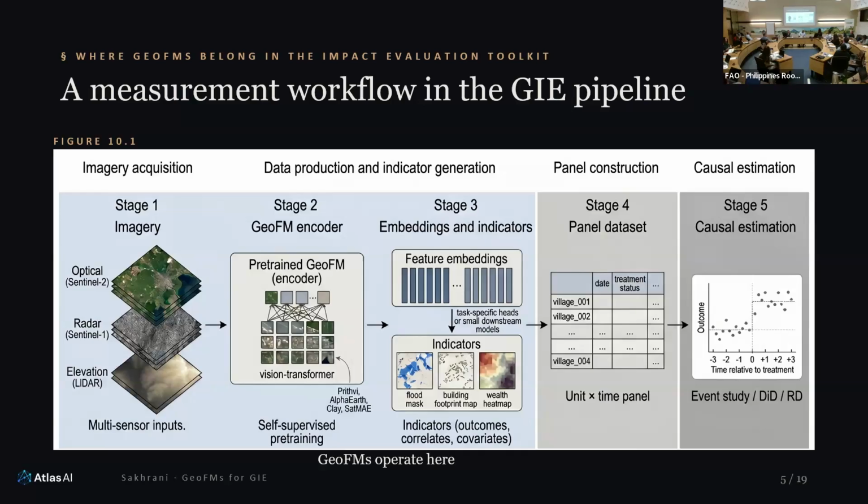AlphaEarth, which released its paper on the embeddings, has about 64 dimensions. So for those of you who use techniques like principal component analysis for dimensionality reduction and some of these statistical techniques, that almost becomes a must in working with these models because you're trying to make sense of how this very high dimensional representation of the Earth is encoding a lot of information.